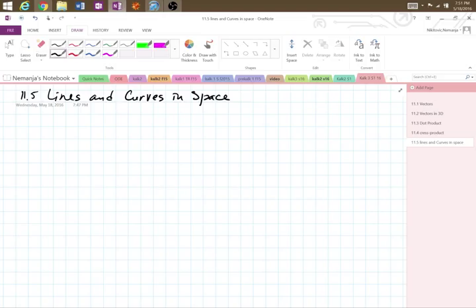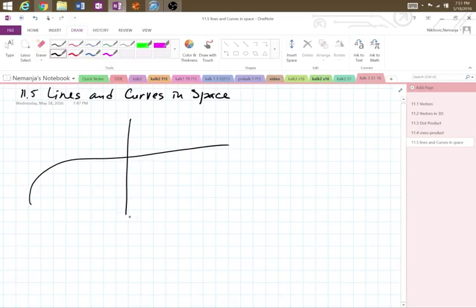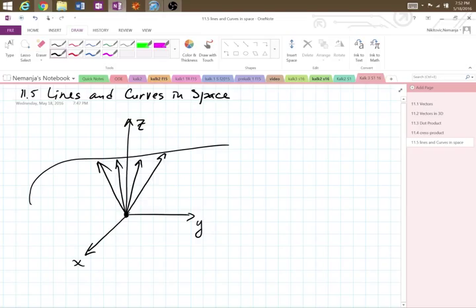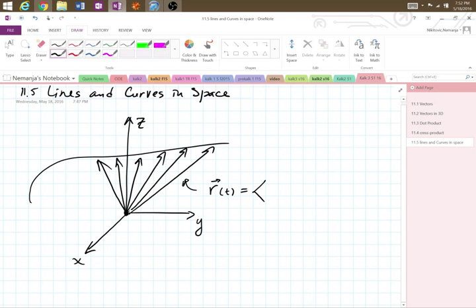So the first thing is that if I have any kind of curve in space, and that lives in our 3D x, y, and z, I can trace along the line the position, and as you can see, there are infinitely many vectors which stretch from the origin towards the line, and all of them at the same time are called vector R, and that vector R is in terms of functions.